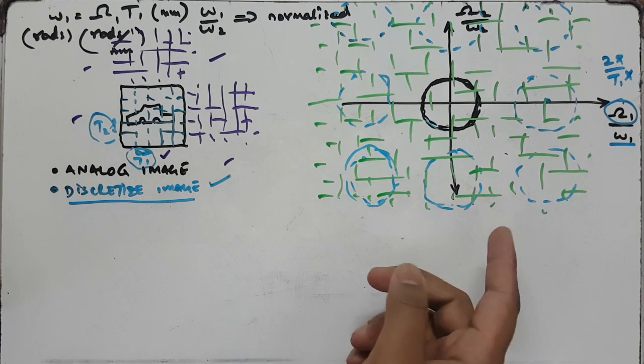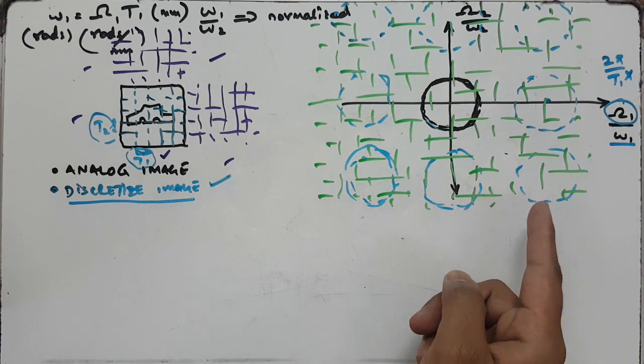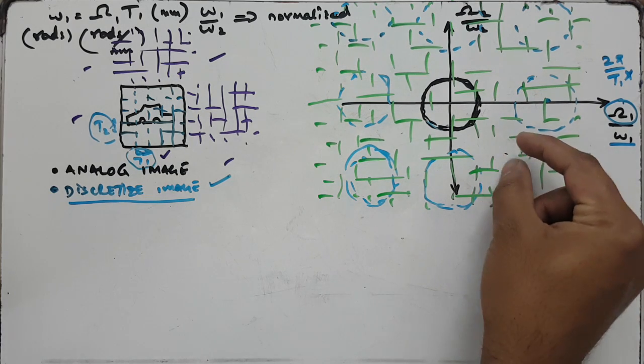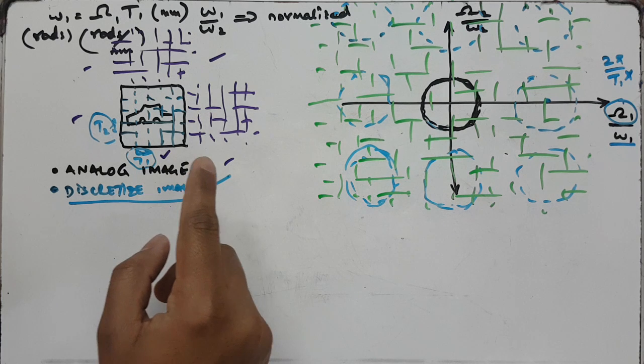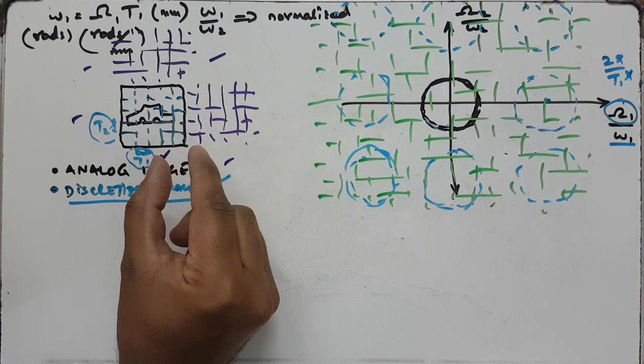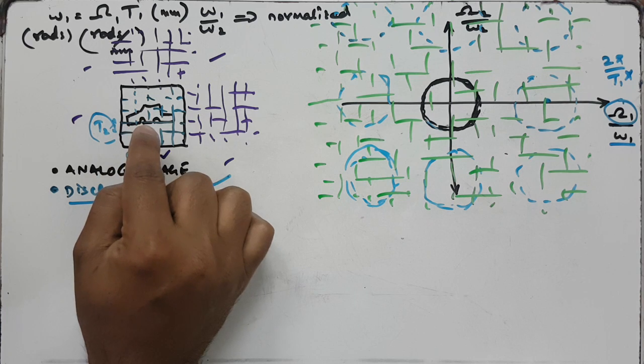Now the density of the samples varies, and the density of the sampling in the frequency domain, the distance between the green parts, is going to determine the period in the periodic extension in the spatial domain. So how far is this going to be from this?